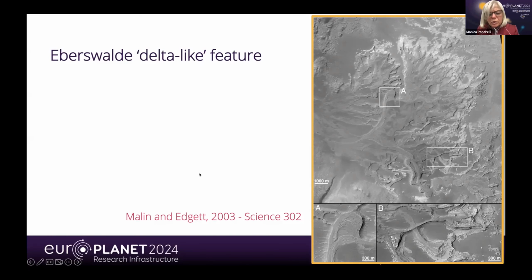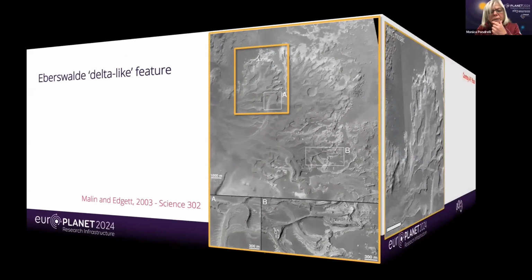Before this image, which came out in 2003, many people suspected that water on Mars had been present only in quick outbursts of water. Here, this is a classic, very clear delta, which proved that water was stable along the surface for a long time.